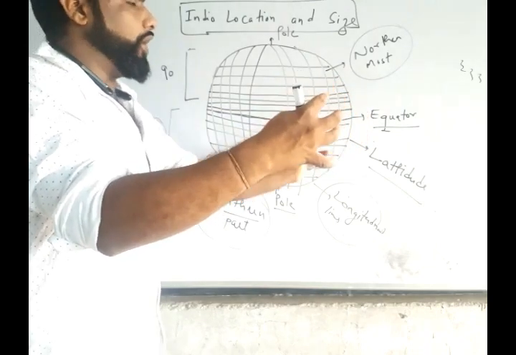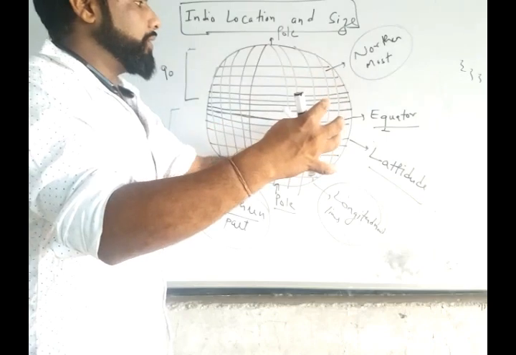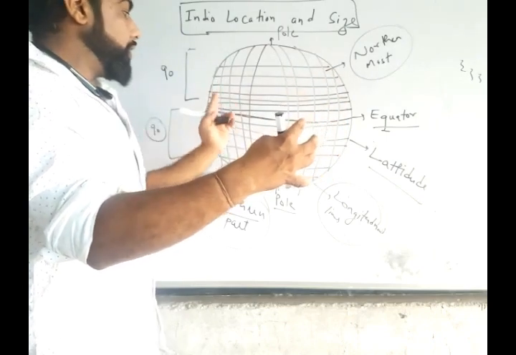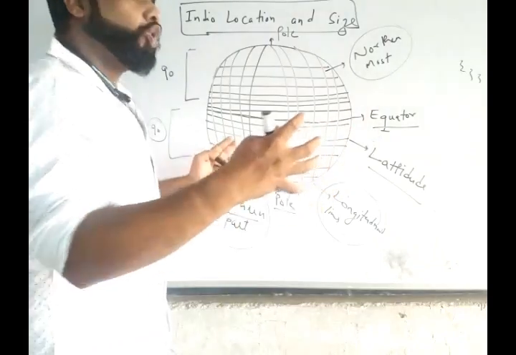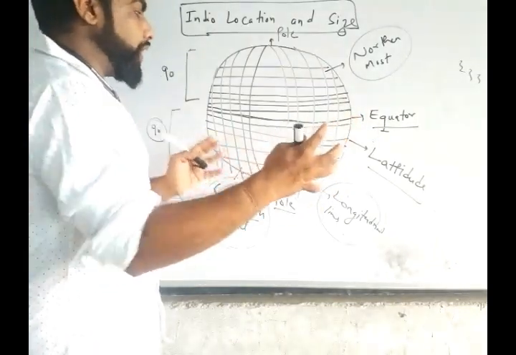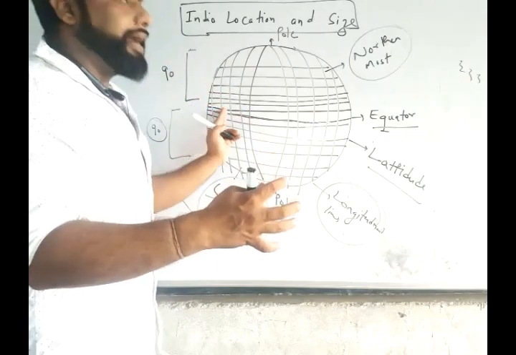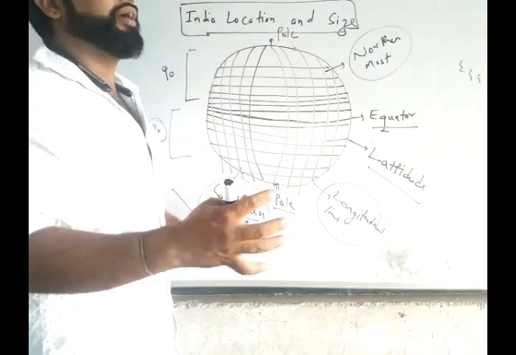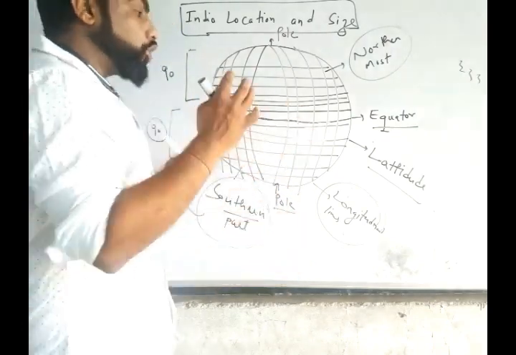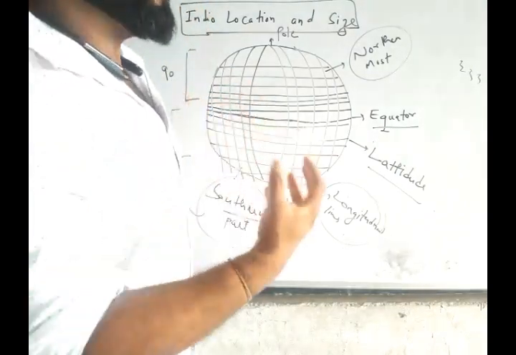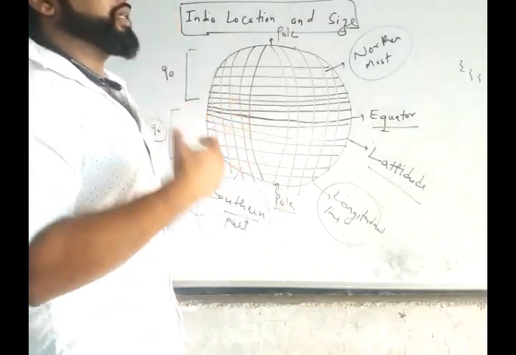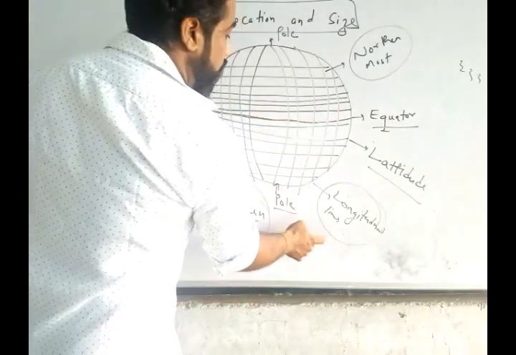We know that when there is morning in India, it is night in America. Why? Because Earth rotates on its axis. That's why it is night in America and morning in India. So to make these things easy and to find the time, we draw longitudinal lines.